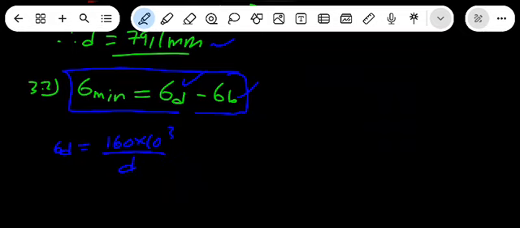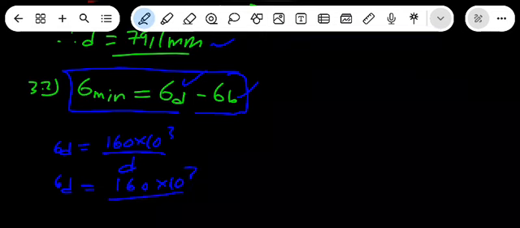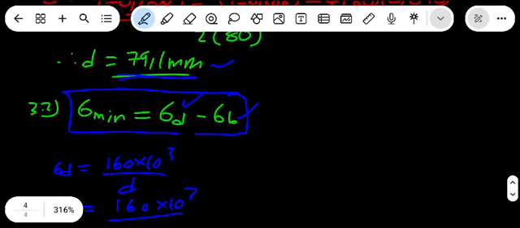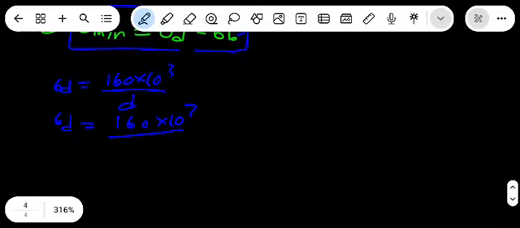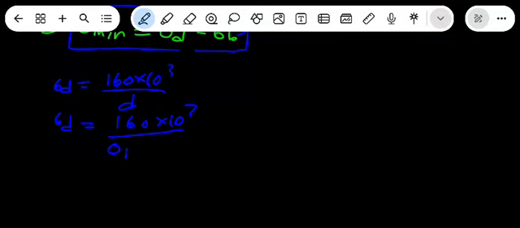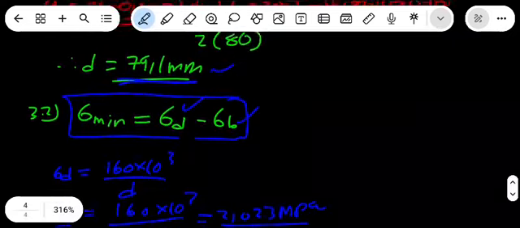Now we have calculated the depth, 79.1 millimeters, which is 0.0791 meters. Punching this, I obtain 2.023 megapascal.